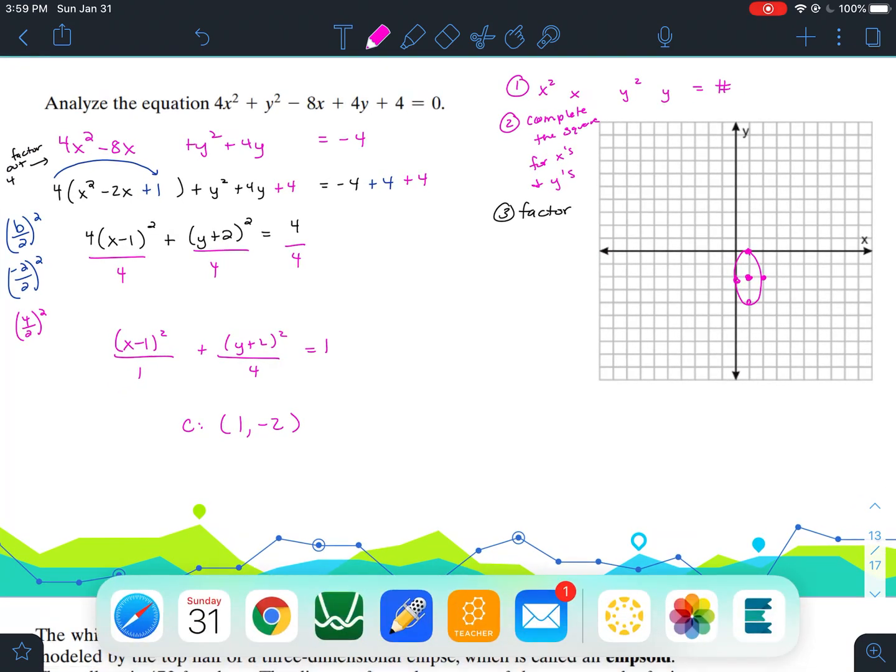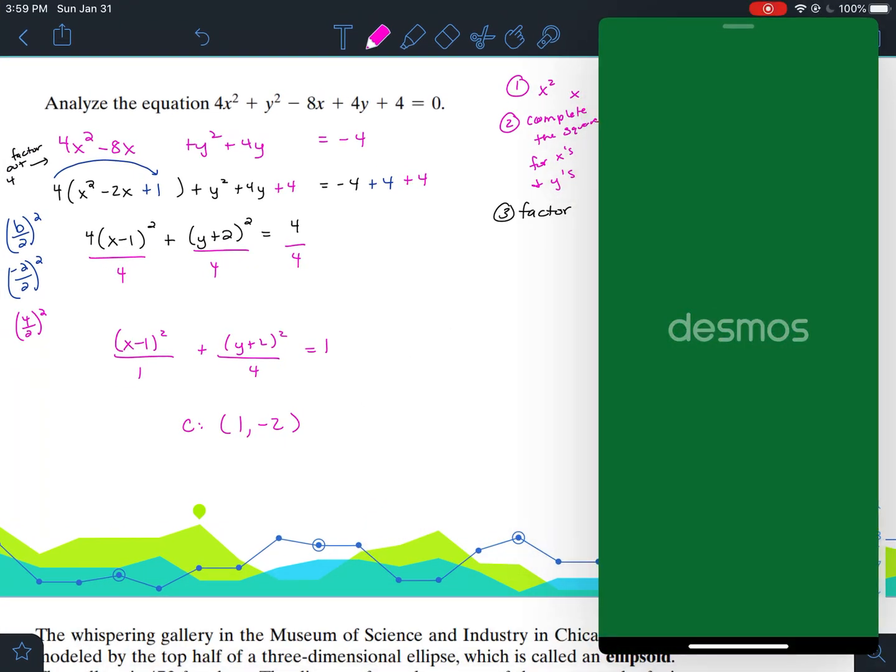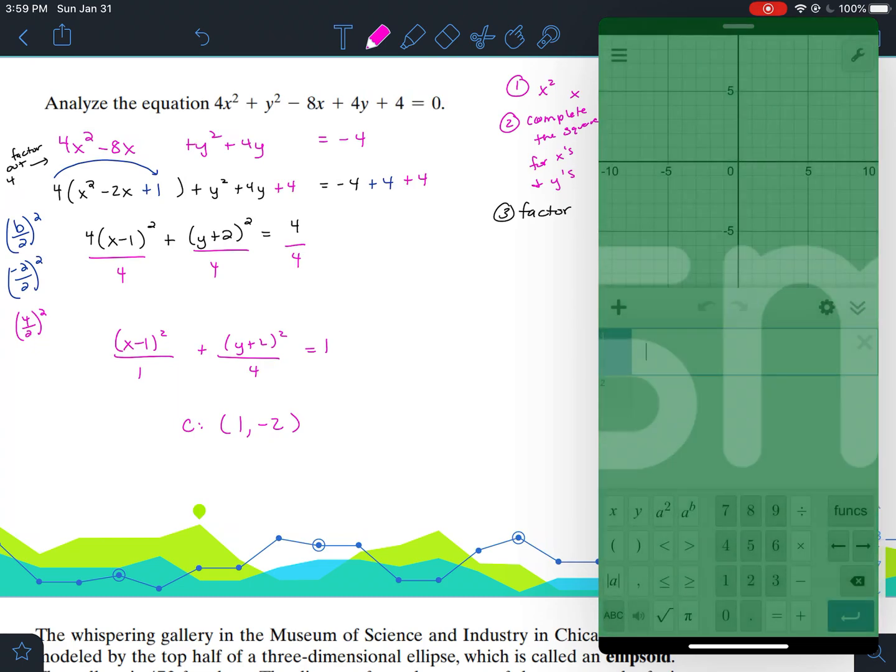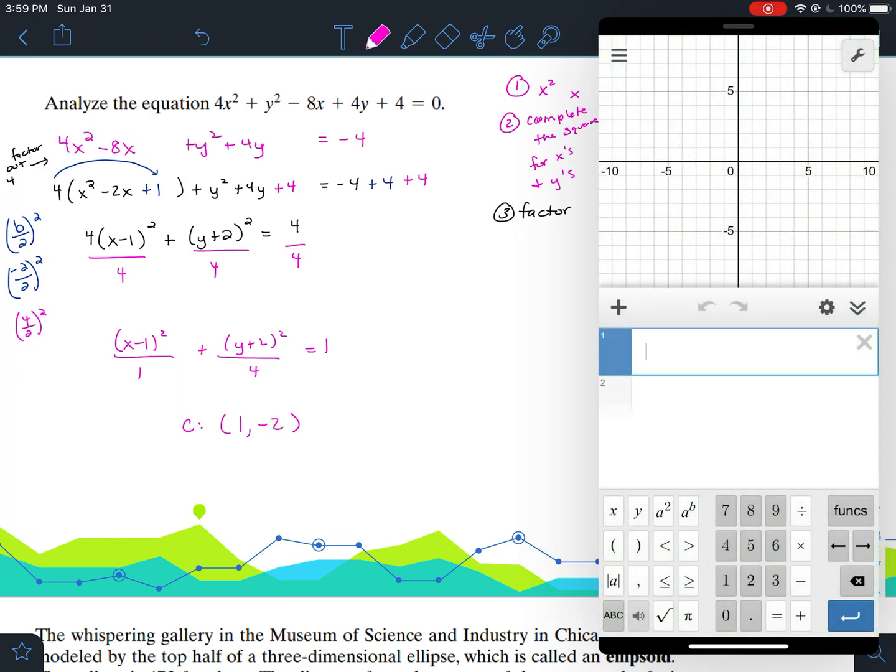And we could check on Desmos. If I were to graph both the original and our factored form into Desmos, the original was 4x squared plus y squared minus 8x plus 4y plus 4 equals 0. So notice we have that ellipse.